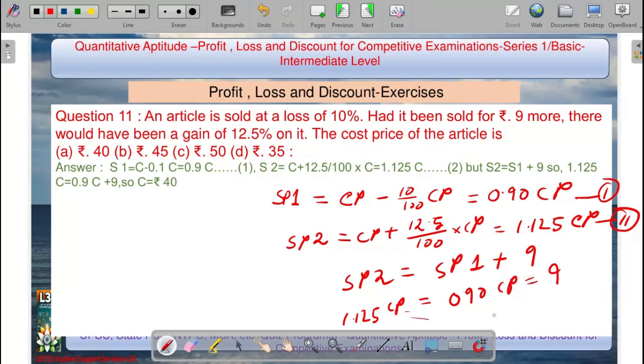So when we simplify, 1.125 CP minus 0.9 CP is equal to 9. Then we divide, and we get CP equal to rupees 40. So this will be the correct answer in this question.